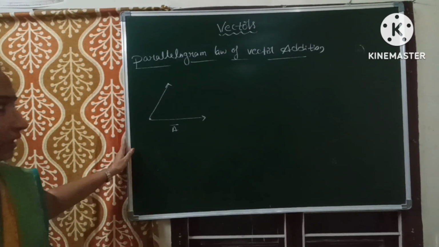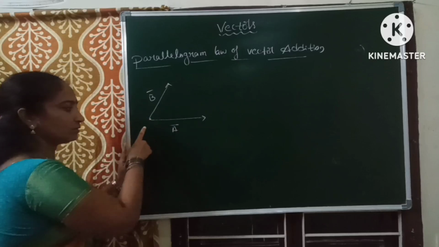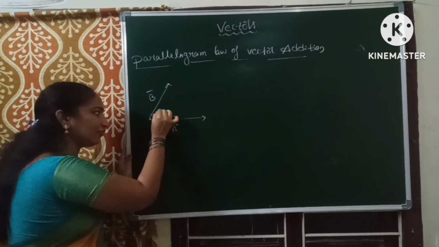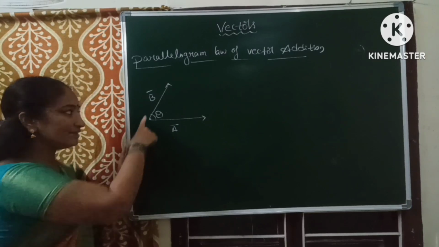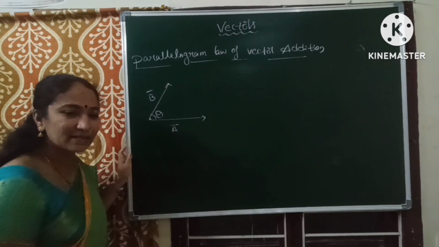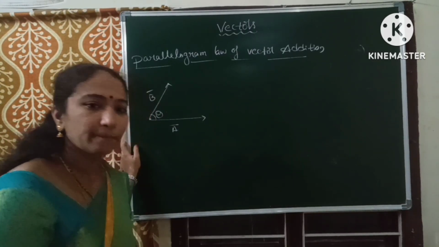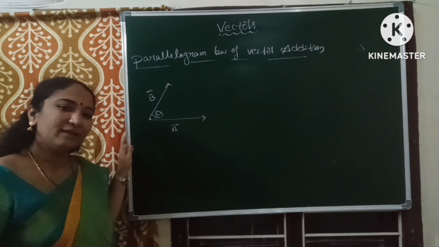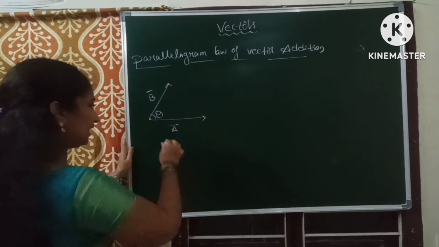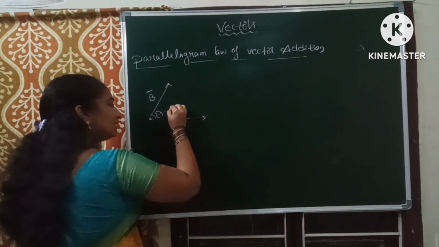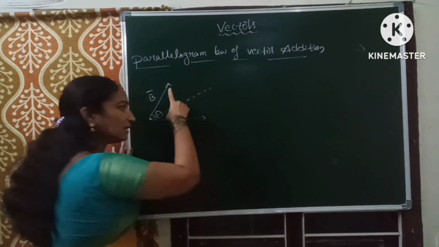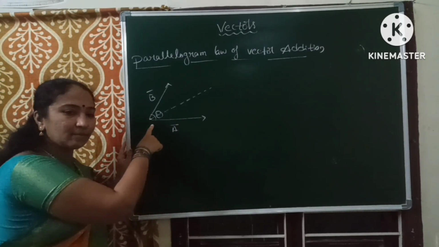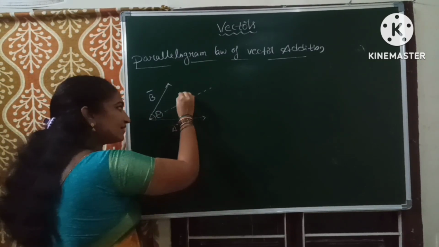I consider two vectors A bar and B bar from the same point, inclined at an angle of theta, as two sides of the parallelogram. Then the resultant is the diagonal of the parallelogram starting from the same origin point.